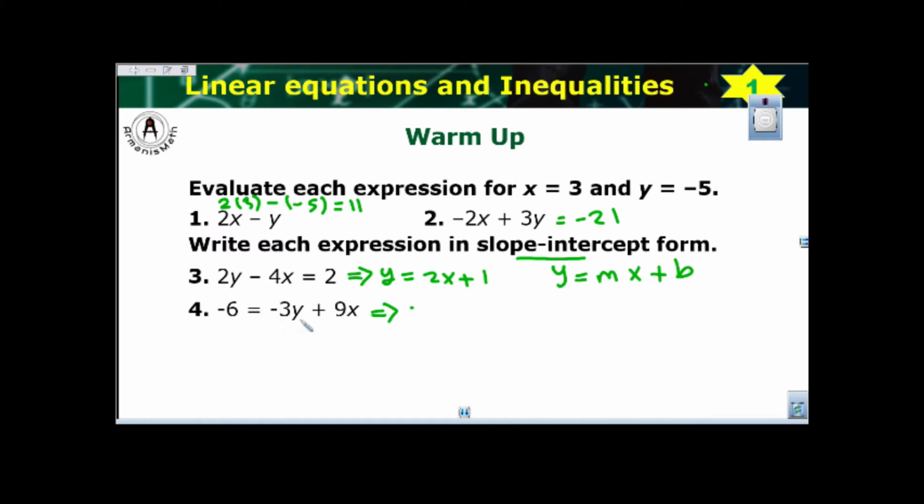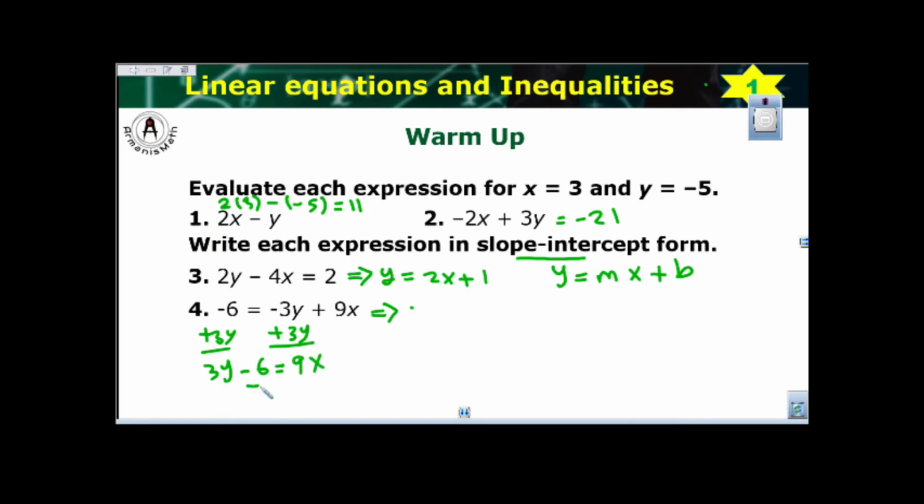Because this is a y, I need to have this on y equals. Maybe you could add 3 y's to both sides. That would work. Or you also could subtract 9x's from both sides and then divide by -3. It doesn't really matter which one you pick. But let's say, for example, I wanted positive y's. So I'm going to add 3 y's to both sides. That's going to give me 3y minus 6 equals 9x.